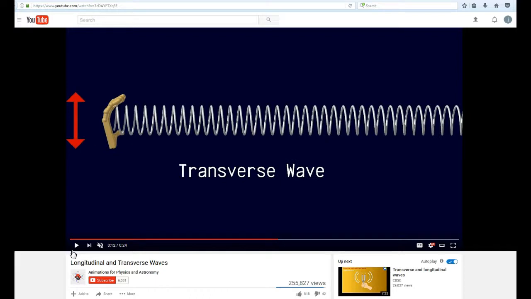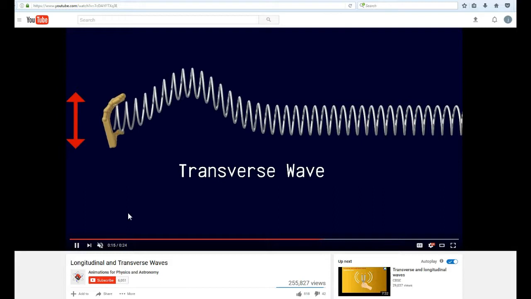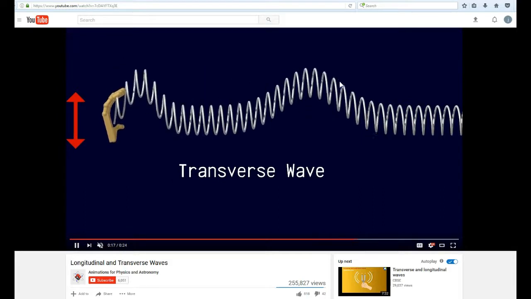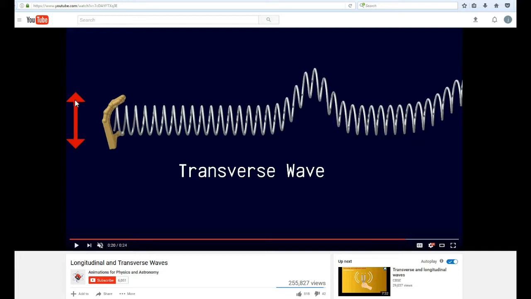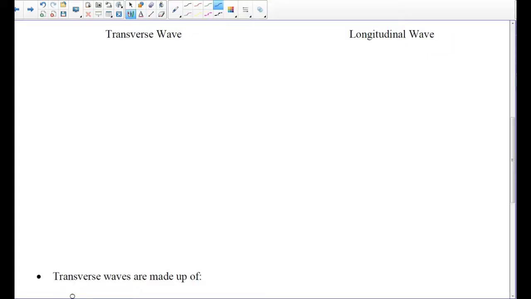That contrasts with the first type we saw, where the coils or particles oscillate perpendicular to the direction of energy transfer. So here, the particles, the coils, are oscillating up and down, which is at a right angle to the rightward energy transfer. To capture this second distinction, we use the words transverse and longitudinal.